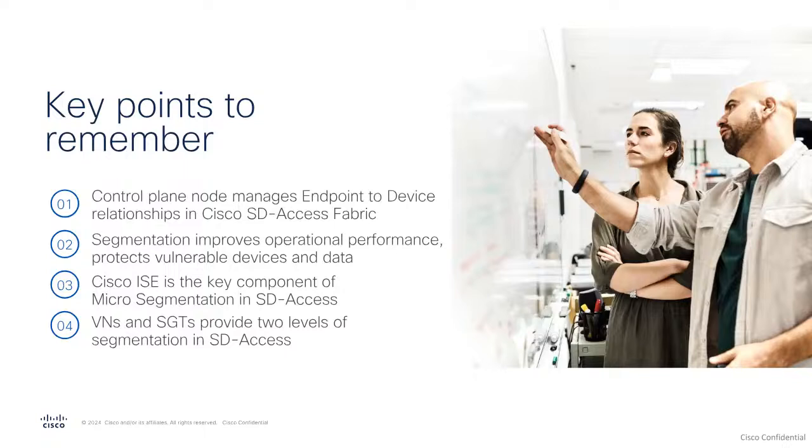It protects the vulnerable devices. It protects the data. And Cisco ICE is a key component of microsegmentation. So if you want to get the real benefit of SD Access Fabric, then it is essential to integrate ICE with Catalyst Center. And then virtual networks and SGTs, as Casey just showcased in the demo, provide us 2 levels of segmentation in Cisco SD Access Fabric.